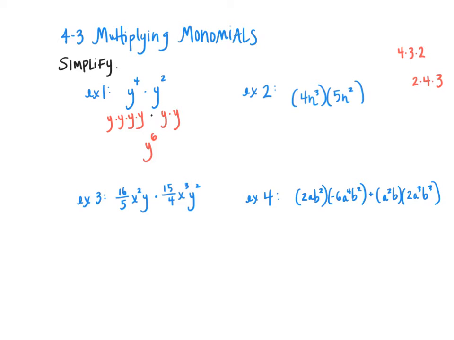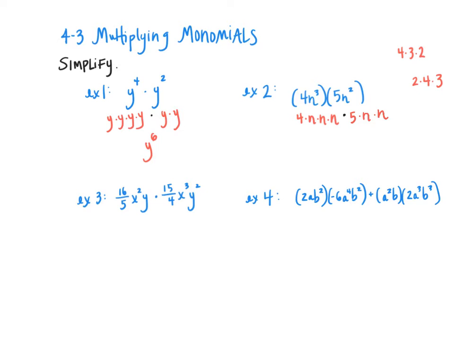So when you think about what example 2 means, if you were to break this down, this is really 4 times n times n times n, times, I'm just going to make that a different color, 5 times n times n. So all we're really doing is multiplying here.